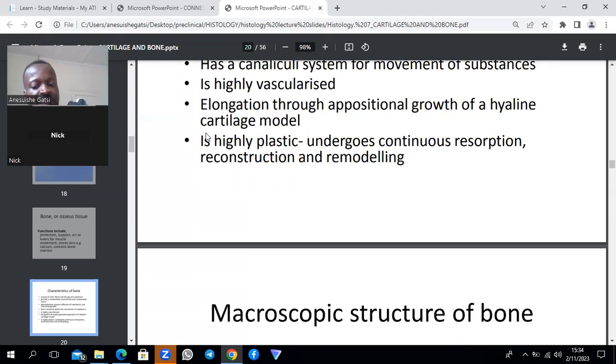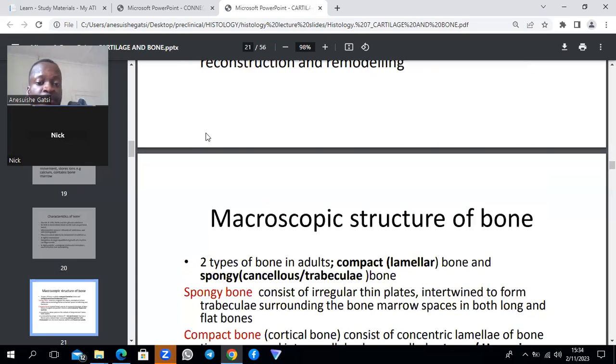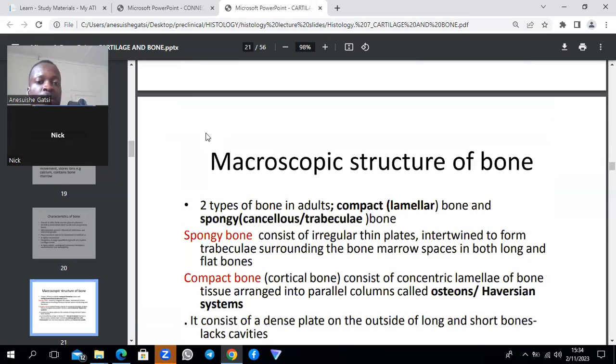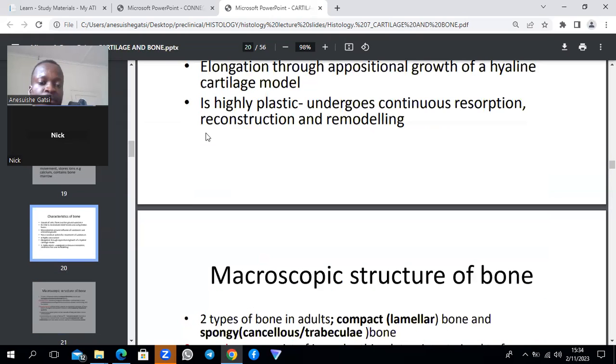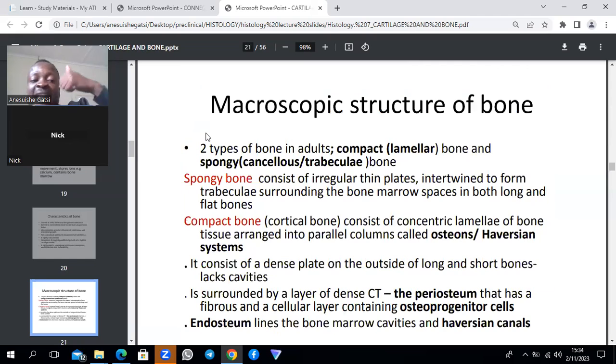Right. Then remember I said cartilage is avascular and it's not innervated. So how do they function if they are not vascularized and not innervated?